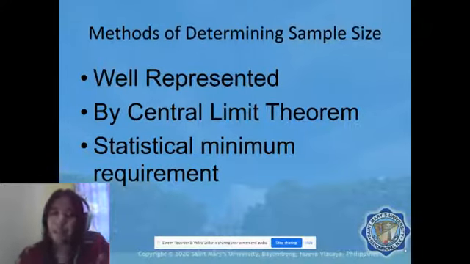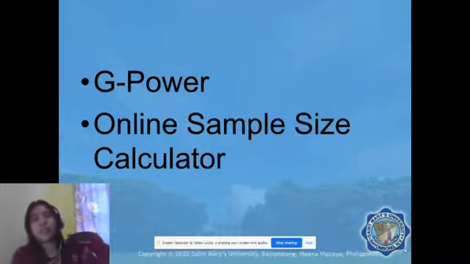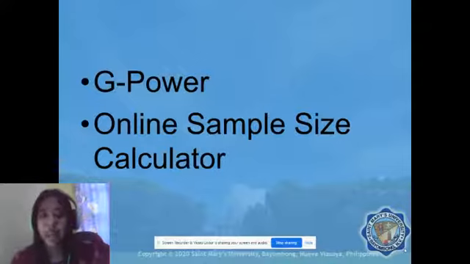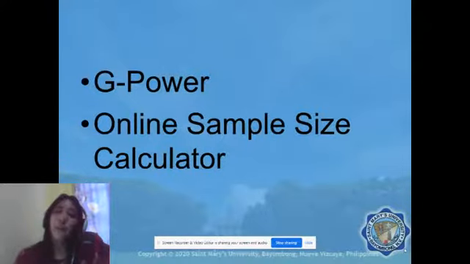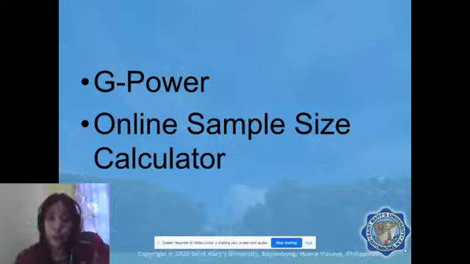And for the statistical minimum requirement, if it is for comparison, it is 5, while for relationship, it is 8 to 10 minimum. You can also make use of software in determining the sample size, like G*Power. We are going to have a separate video for G*Power. Or you can make use of an online sample size calculator to come up with your number of respondents.